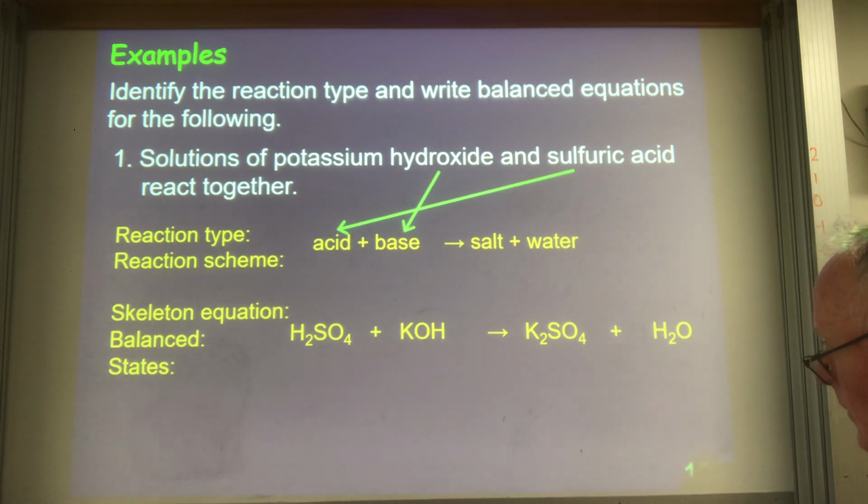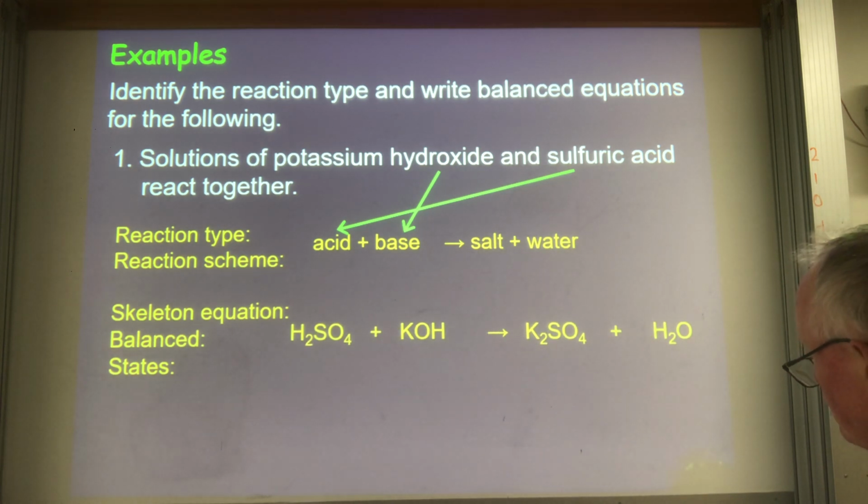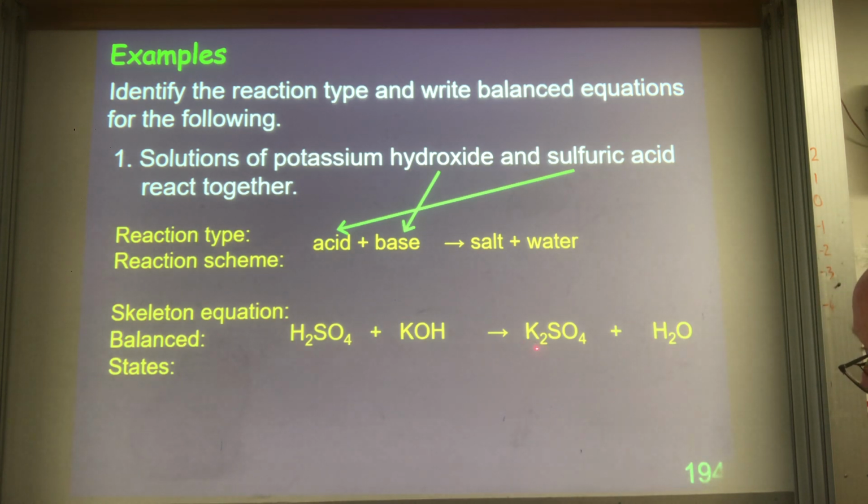Of course, because it's an equation, we should put in states. And that's what we'll end up with. Oh, and we've got to balance it, of course. Now, balancing it, what do we see? They're usually pretty simple to balance, so look for the twos. Look for what we've got in the salt. So we've got 2 potassiums here. That means we're going to need 2 potassium hydroxides.